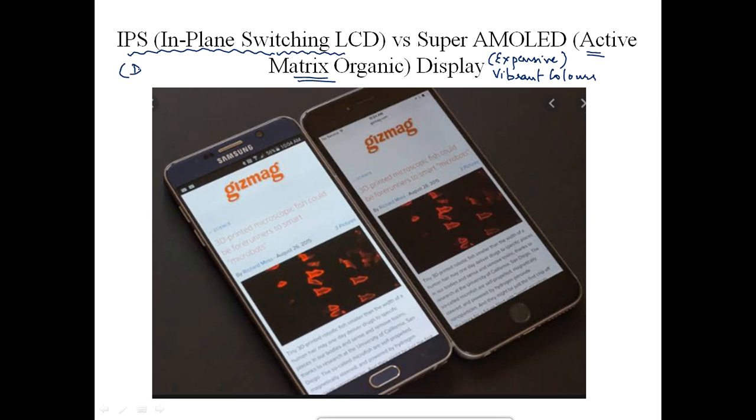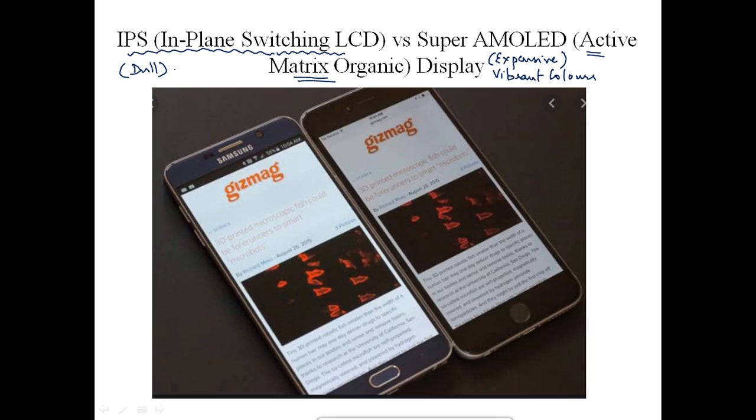However, IPS looks slightly dull when compared to a Super AMOLED display. I am talking only about the LCD panel display. It is because of this reason that the cost of IPS LCD is slightly lesser when compared to Super AMOLED, which is slightly costlier and expensive.